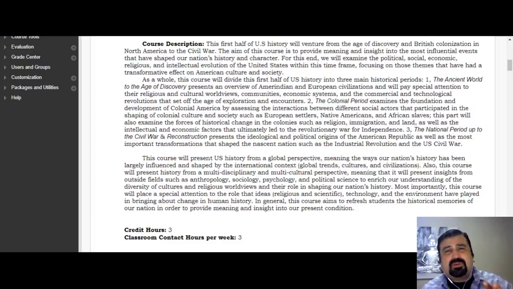Another thing we're going to be paying attention to in the colonial period is change, how those colonies were changing over time. I mentioned there were 5 or 6 colonies that were established by religious communities. Those were actually religious societies, those colonies.